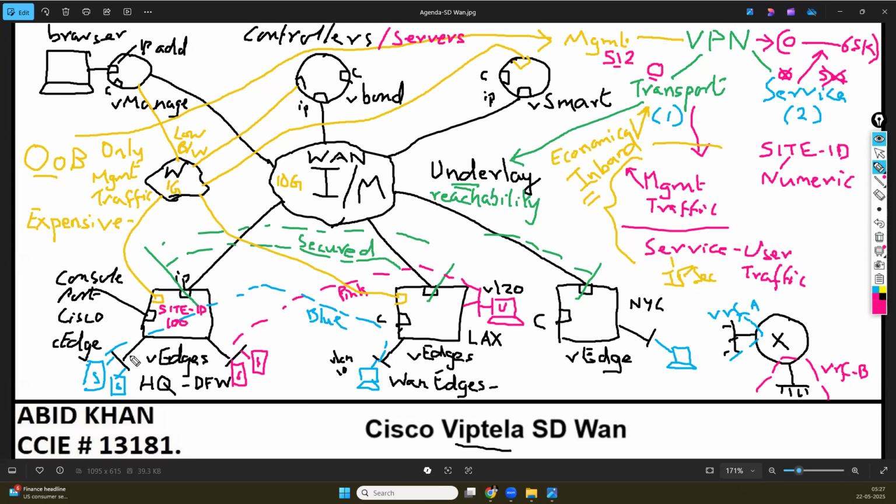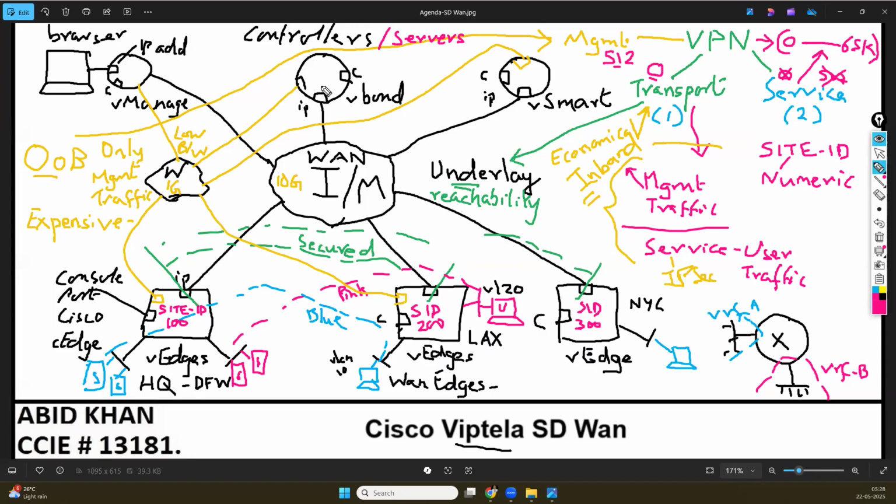This device is in some physical location, maybe in some city, in some particular place, doesn't matter. We need to logically identify the location of every device. I can say this is basically just writing SID now. This could be 100. This could be 300.